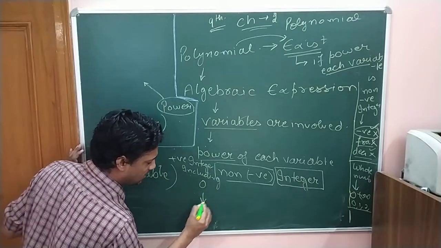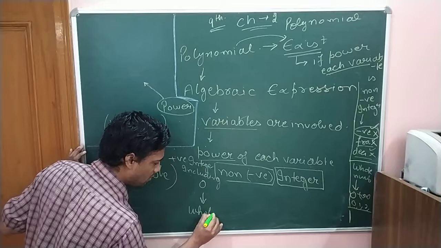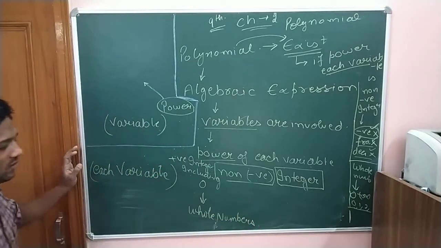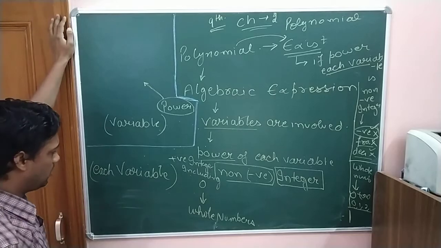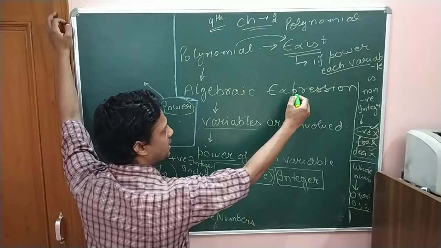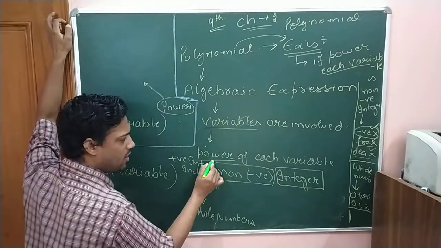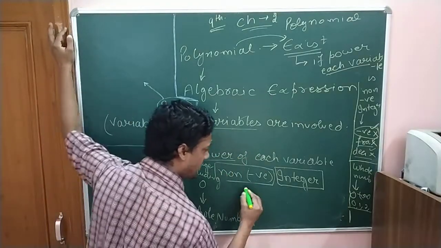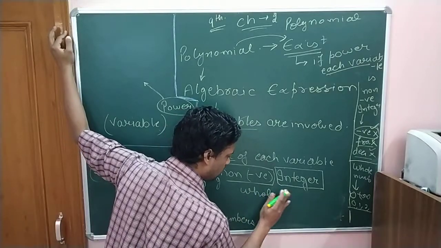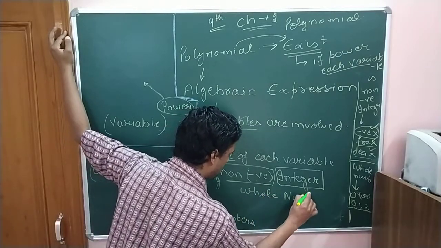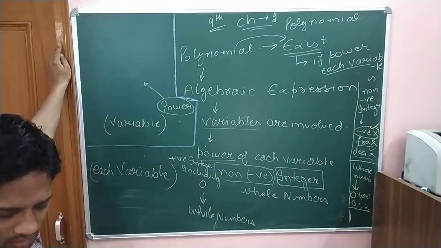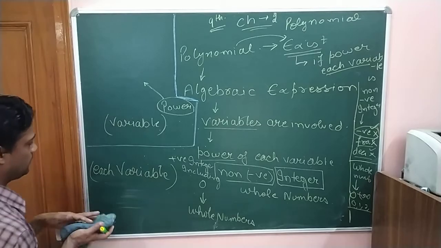In short I can say, whole numbers. If each variable in an algebraic expression has a power that is a whole number, then it is a polynomial.